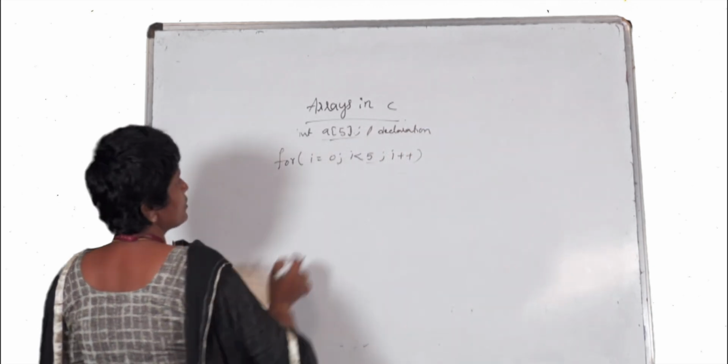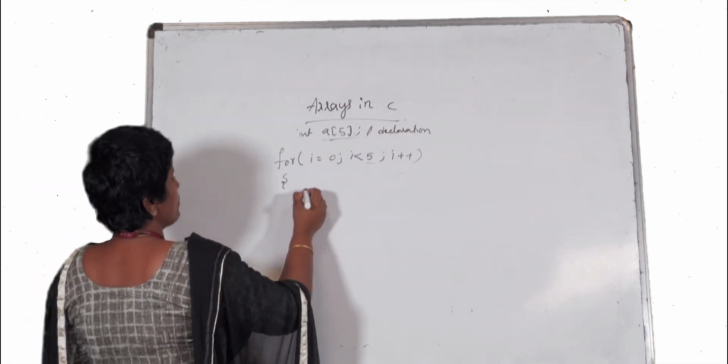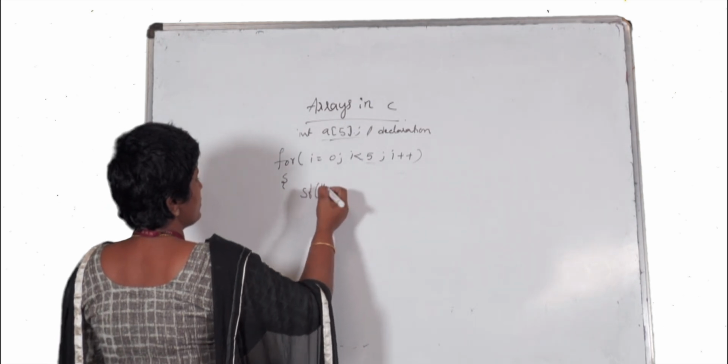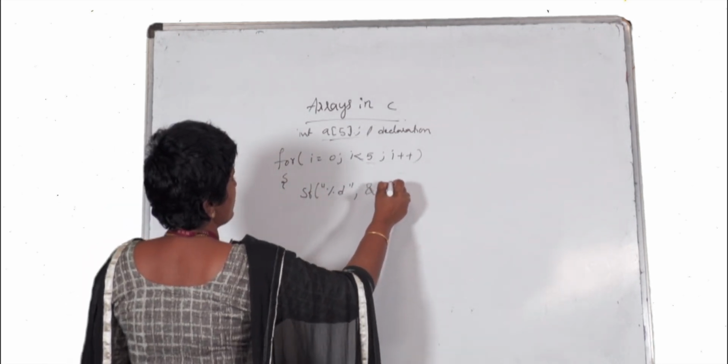So for (i = 0; i < 5; i++), and for reading the variables, scanf("%d", &a[i]).